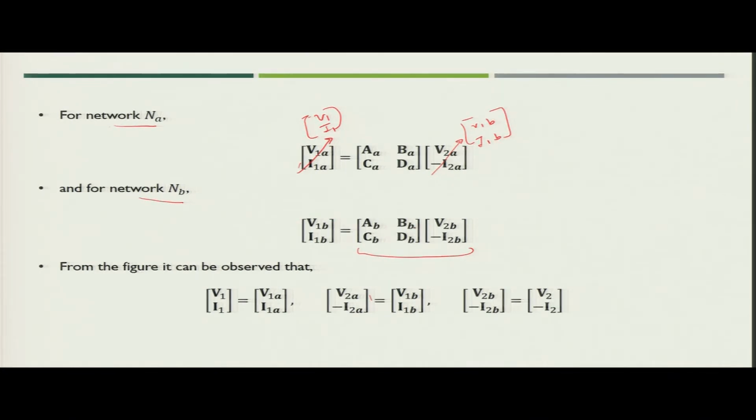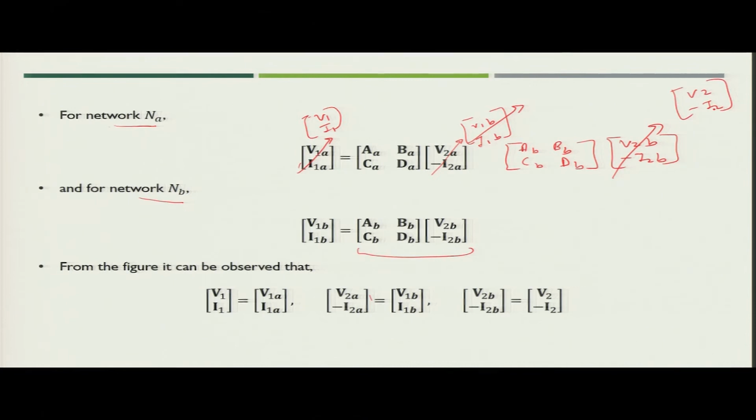Now, V1b I1b we know, so we will again replace V1b I1b with the ABCD parameters of network B multiplied by V2b and minus I2b. Now, the V2b and minus I2b vector, we found from the figure, is nothing but V2 and minus I2.